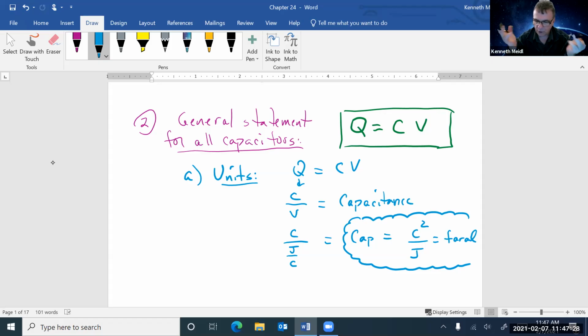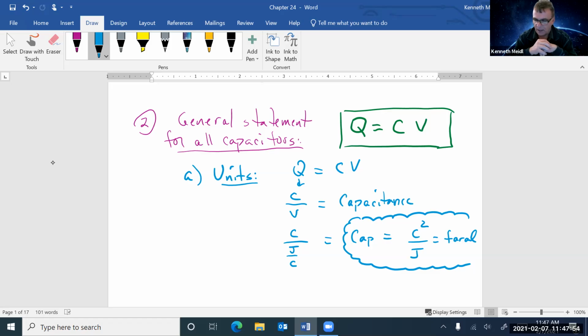So if you have no ability to push charge, no voltage source, no ability to create a hill for charge to move down to go on your plates, the charge could be zero. But capacitance is a positive number.